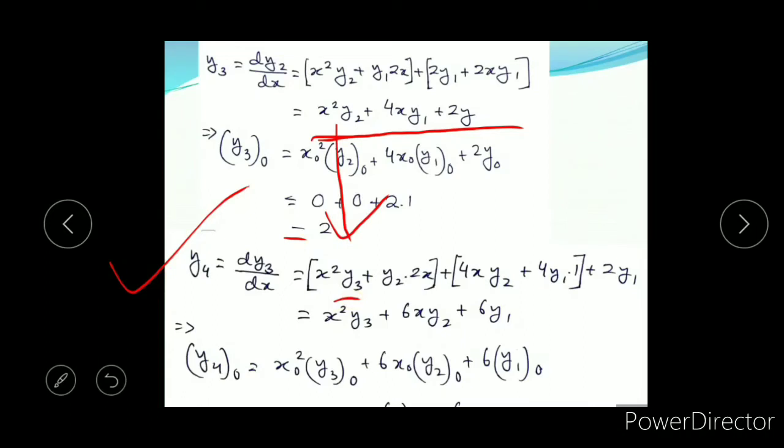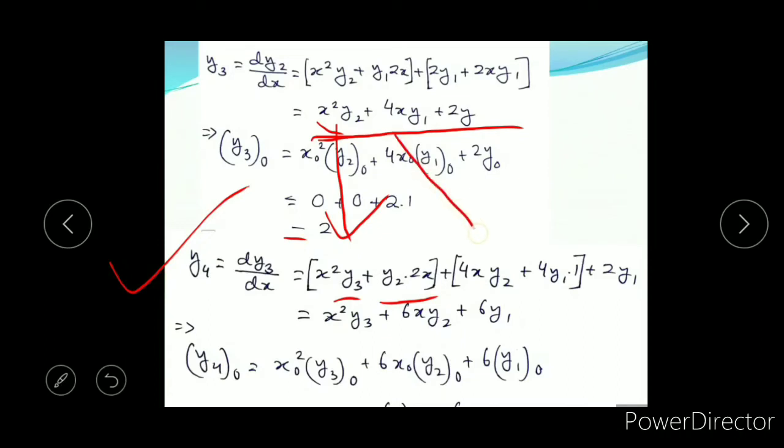After that, the second function into the first function's derivative: y2 into 2x.